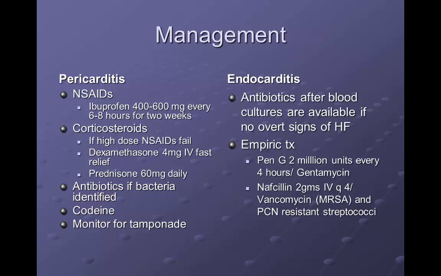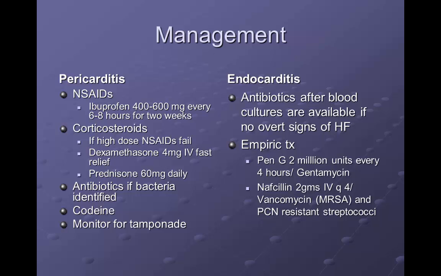In addition to that, if the patient has staphylococci, in the absence of prosthetic valves, you could use nafcillin or oxacillin with gentamicin, or you could do cefazolin with gentamicin or vancomycin.